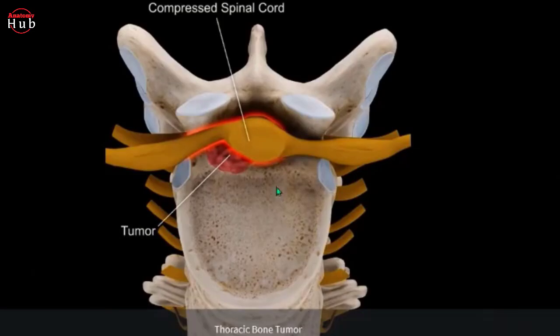See, what we got? The spinal cord, right? And from this spinal cord only we are getting the spinal nerves. They are coming out through the intervertebral foramen, that is formed by the superior and inferior articular facet.